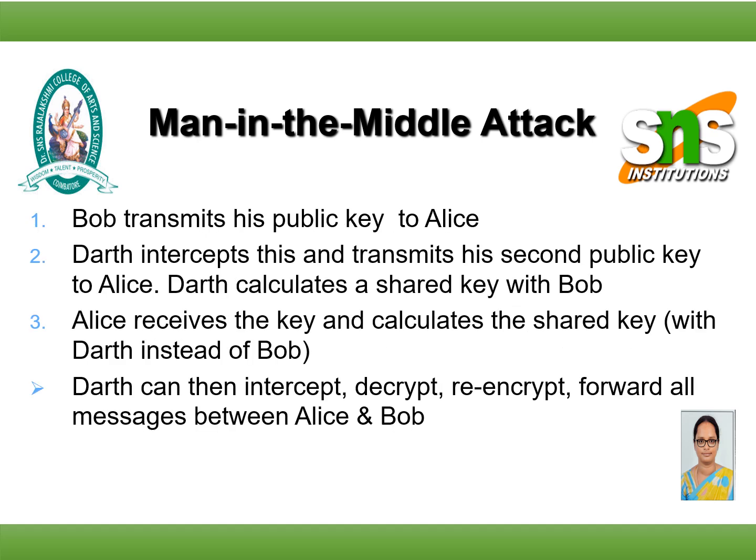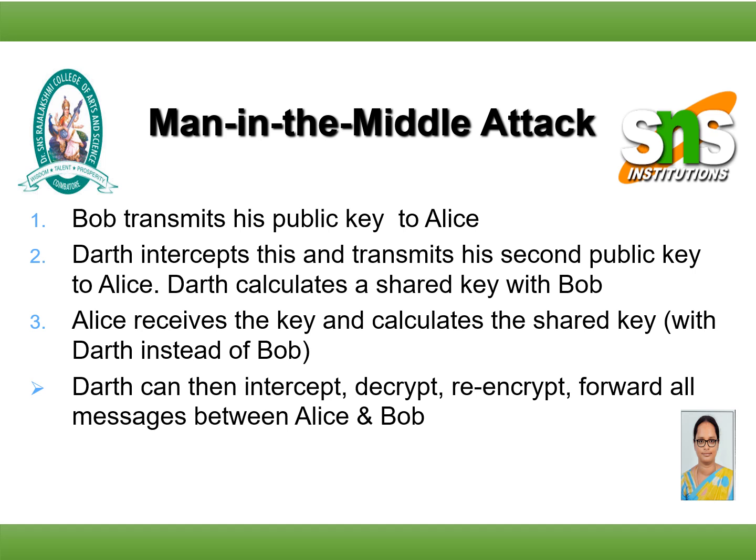Then Bob transmits his public key to Alice. That intercepts this and transmits his second public key to Alice. That calculates the shared key with Bob. Alice receives the key and calculates the shared key. That can then intercept, decrypt, re-encrypt, and forward all messages between Alice and Bob. So once Bob gets that, he again transmits his public key to Alice.